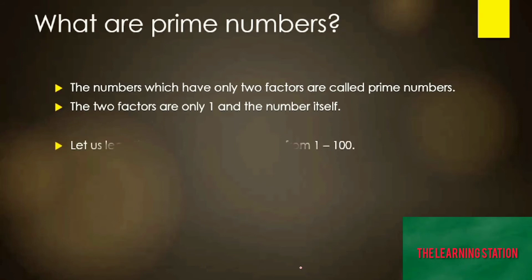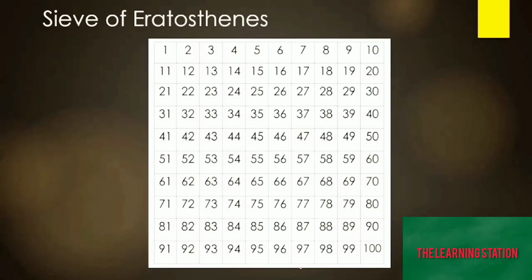Now let us learn how to find the prime numbers from 1 to 100. This is a number chart from 1 to 100, and the way that we are going to learn today is called the sieve of Eratosthenes. So let us start.